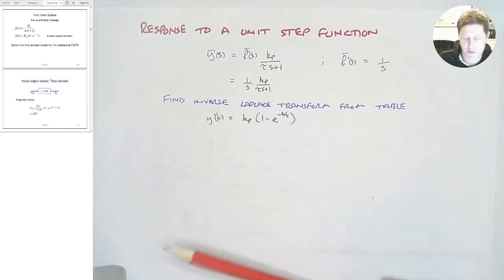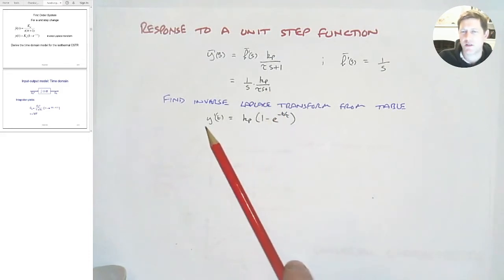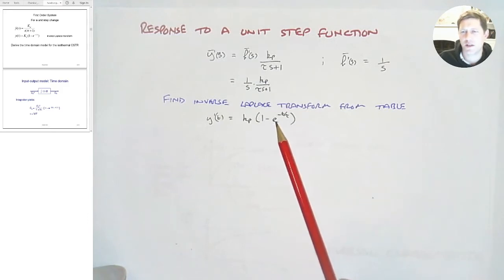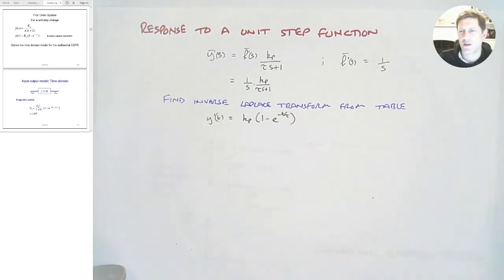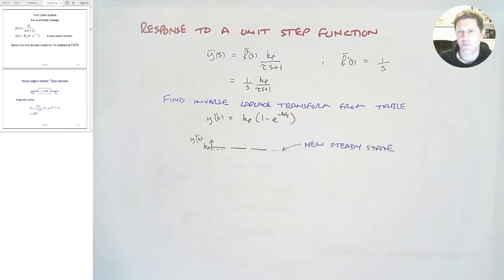There's a standard solution which will accommodate this form, and so then we see that the deviation response is equal to Kp times (1 minus exponential of minus t over tau). And so we know that this solution is going to be applicable to any form of system which can be written with that first order linear ODE equation, and then the appropriate values can be found for Kp and tau.